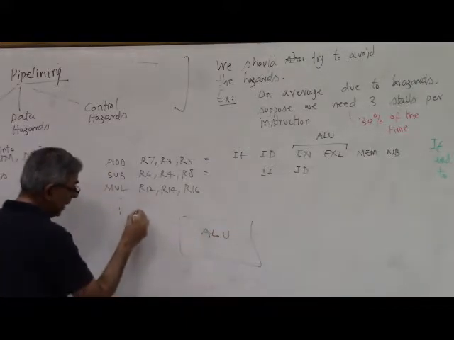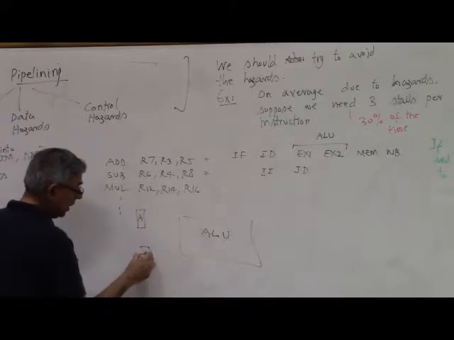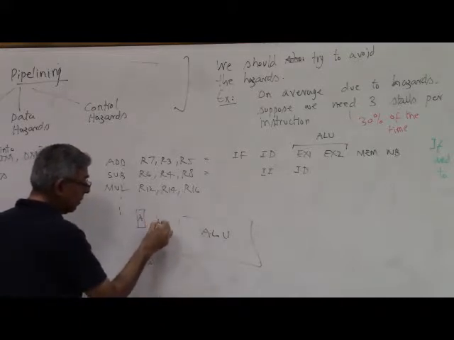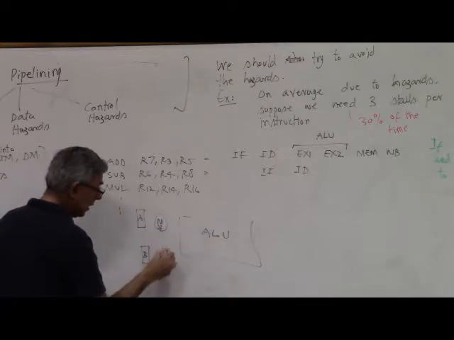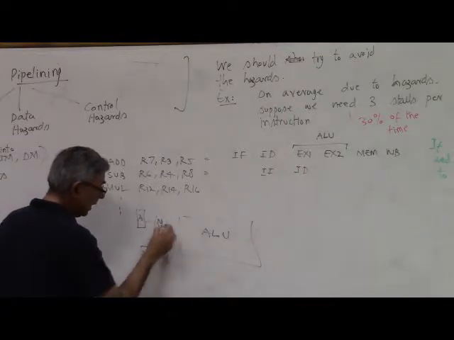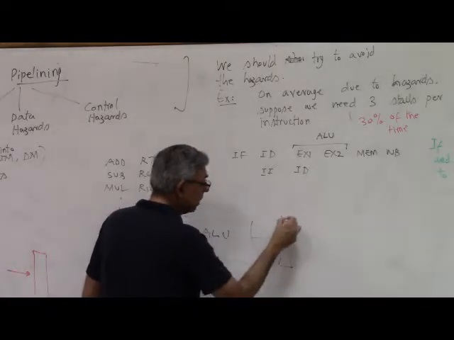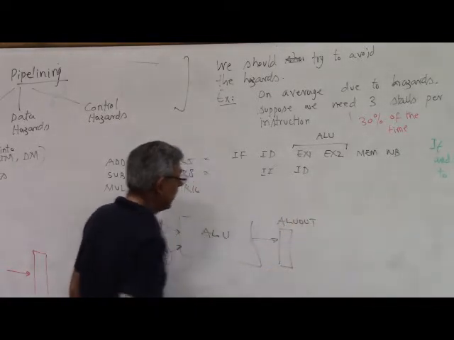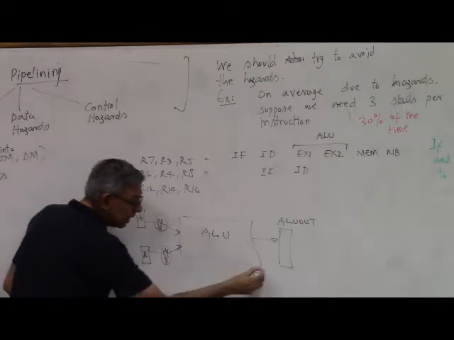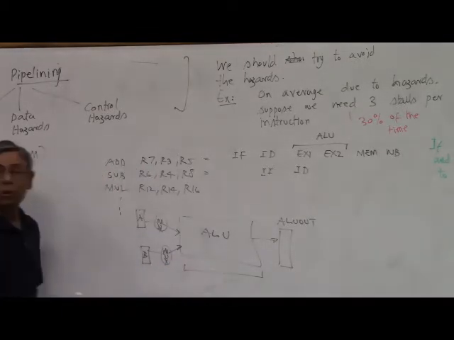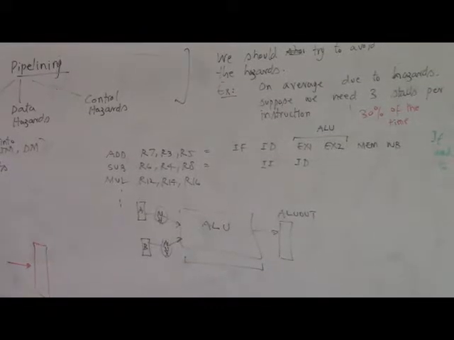Before the ALU, if you remember, we had copied the data into the A register and the B register, and through the muxes we were basically feeding it to the ALU. So now we are saying the delay over here is equal to 2 clock cycles.